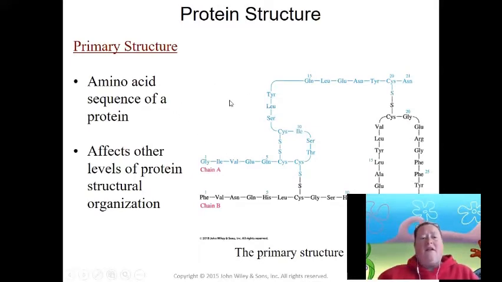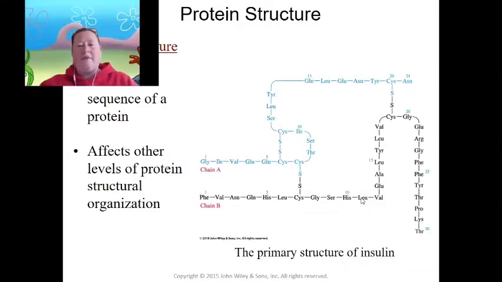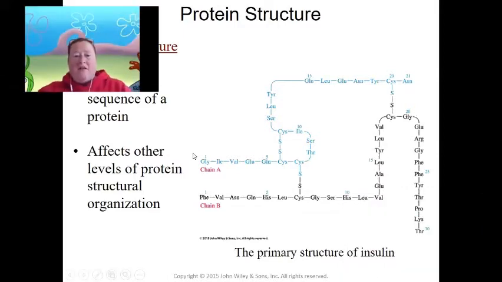Amino acid sequence, again, is the primary structure. And here is an example. This would be 2 units and 2 subunits within insulin, and here the first is a glycine followed by ILE, whatever that is.